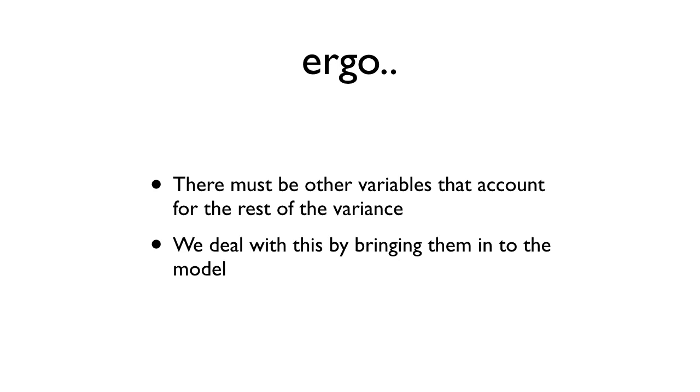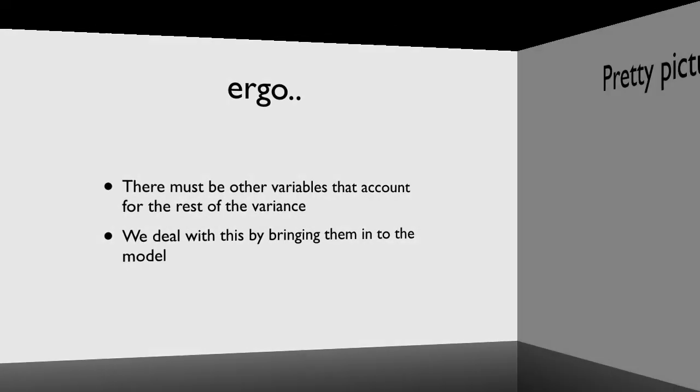So we deal with this by bringing that into the model. Here's a picture. That's the variance in y. That's the thing we're predicting. So again, think of variance like a thing. That circle represents the variance in y.